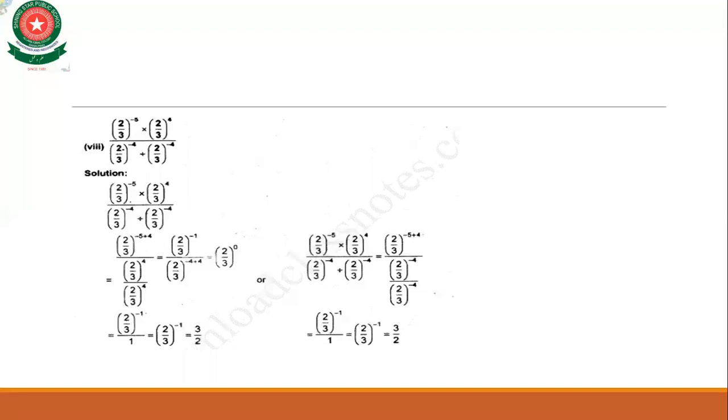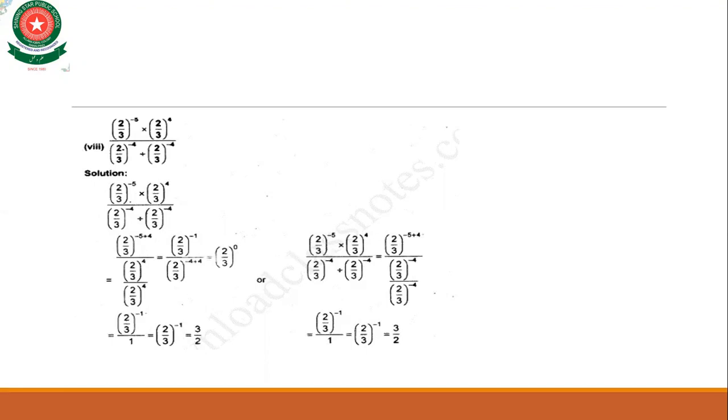So we will get 2 over 3 power minus 1 over 2 over 3 power minus 4 plus 4, which is equal to 2 over 3 power 3 over 2 over 3 power 0. So the answer is 3 by 2.